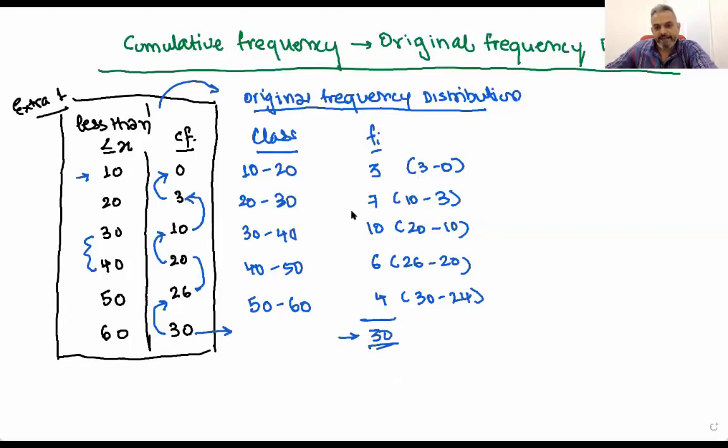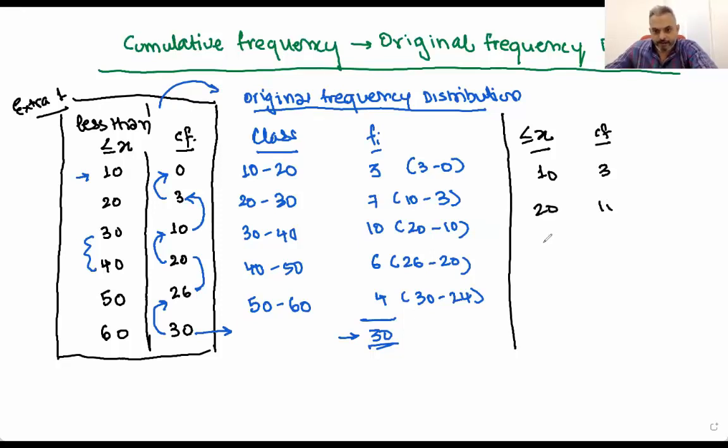Now let's take a case. In this sum, the first one was given 10 and cumulative frequency was given 3, then 20, then 10, then 30, then 20.